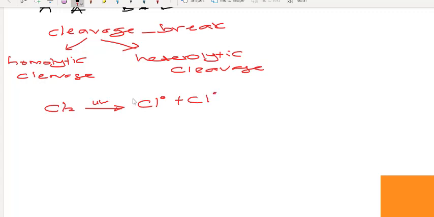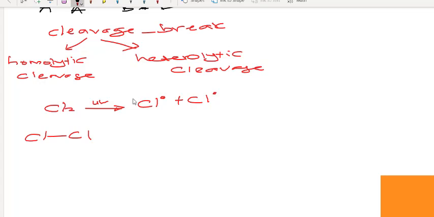Cl dot comes from Cl2, but we have to show the bond between the Cl atoms. In one bond, there are 2 electrons. This bond that connects the 2 Cl together contains 2 electrons.